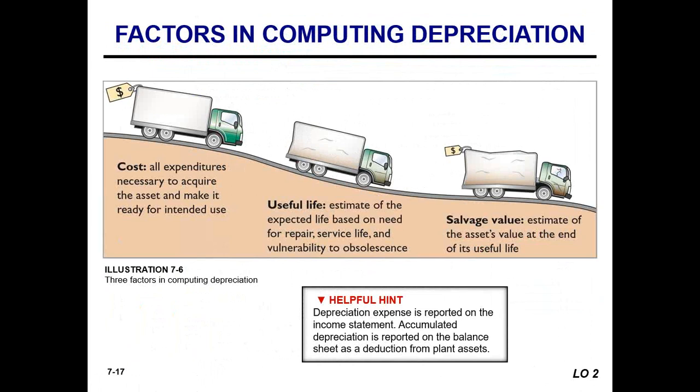Salvage value, what can we get out of that item at the end of its useful life? What might its trade-in value be? What might its salvage value be if we took it to the junkyard? What might its resale value be? These are things that we need to understand when we're ready to talk about computing depreciation.